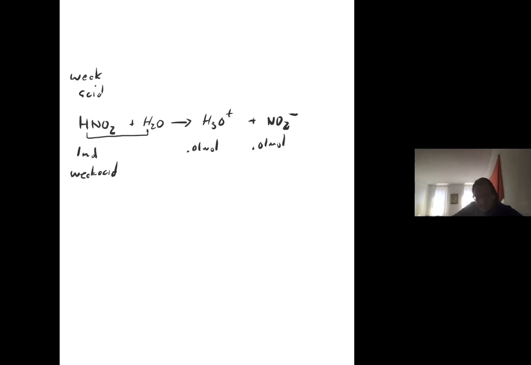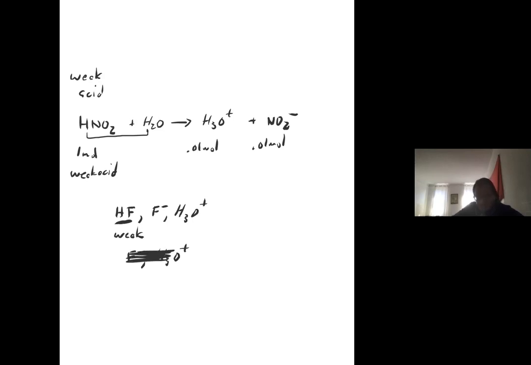So in that particular problem, the fact that they told you that you had HF and you had F minus and you had H3O plus, that's telling you it's weak because there's still some of this left over. If they had said you just got F minus and H3O plus, there's no HF, that means it must have been strong.